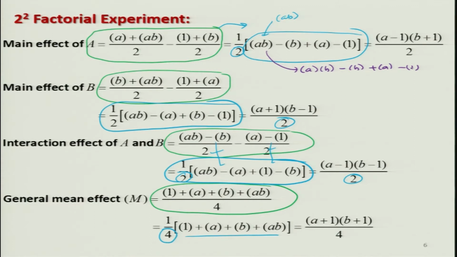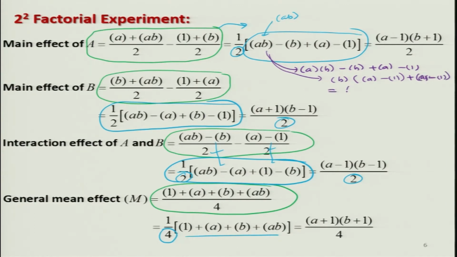Now can you treat it just for a while as a mathematical expression? You can see this becomes: you take b common, and this becomes a minus 1, and plus a minus 1.